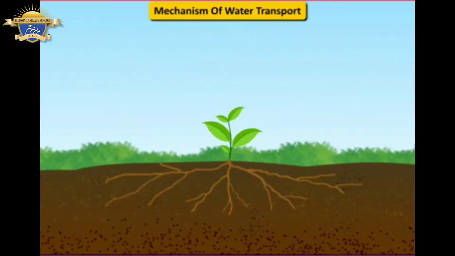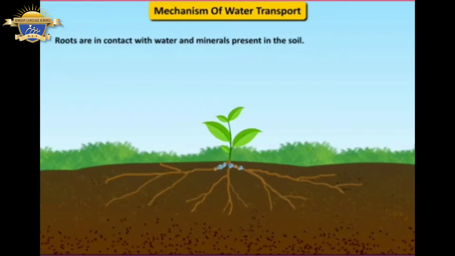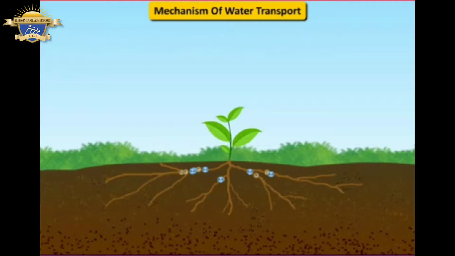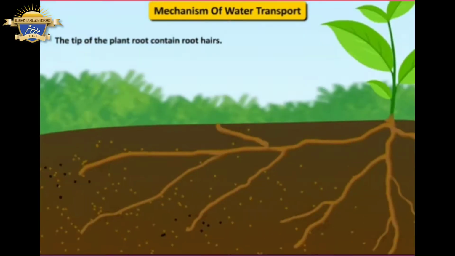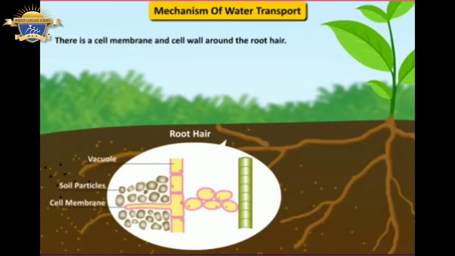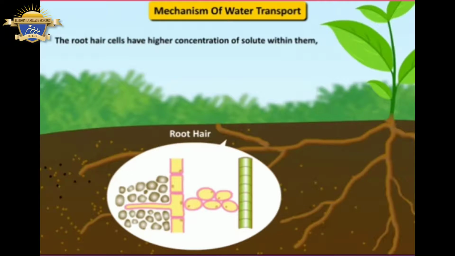Mechanism of water transport. Roots are in contact with water and minerals present in the soil. The tip of the plant root contains root hairs. There is a cell membrane and cell wall around the root hair. The root hair cells have higher concentration of solute within them, whereas the soil has low concentration of solutes.